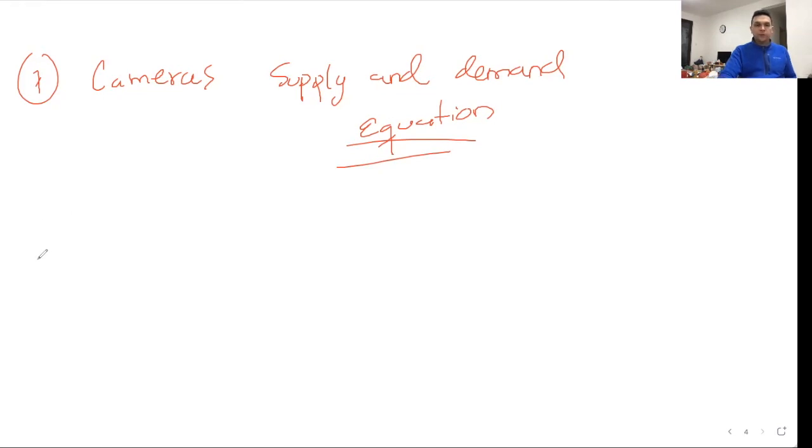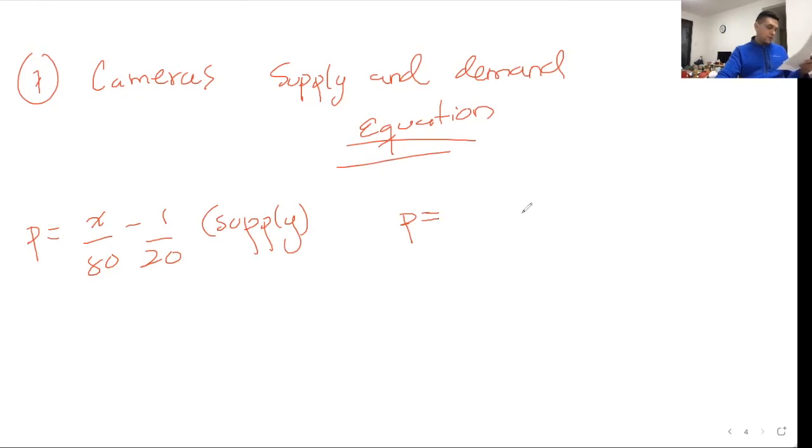So the supply equation for this particular example is x divided by 80 minus 1 over 20. And for demand, we're going to have 1,264 divided by x.